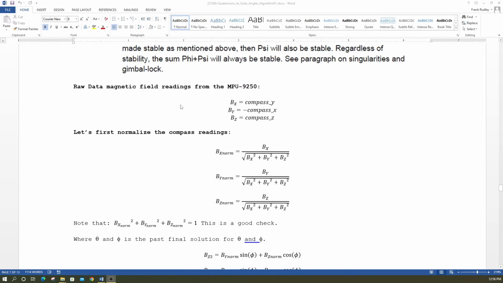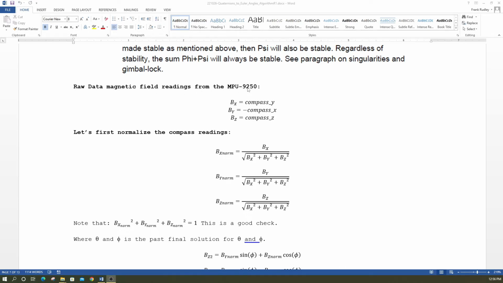This is what I had to do because of some polarity differences. This is my Bx, By, Bz, so I just had to negate the X compass raw data from the MPU 9250, the raw magnetic field readings.